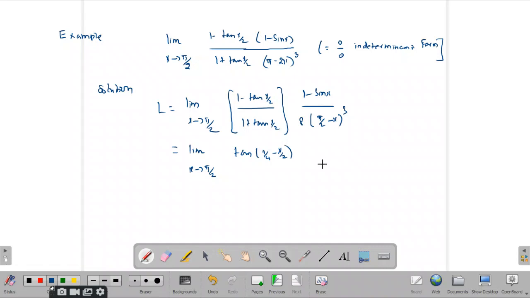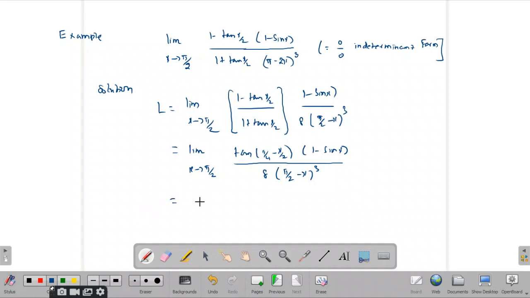Then into (1 minus sin x) divided by, when you take the 8, 8 into (pi by 2 minus x) the whole cube.